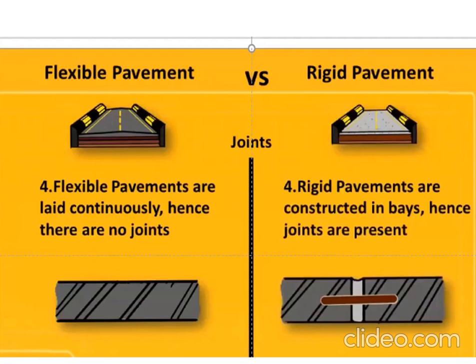So in this scenario, what I mean to say is we are talking about joints that don't mean the construction joint, and don't include the transverse joint. When we talk about rigid pavements, there is one specific type of pavement in which the joints are necessary, but there are rigid pavements that don't need a joint as well.